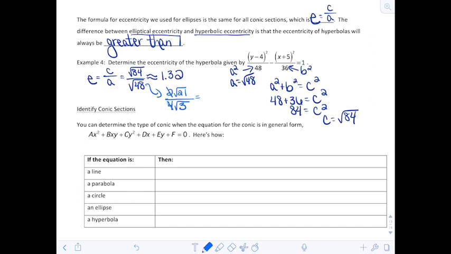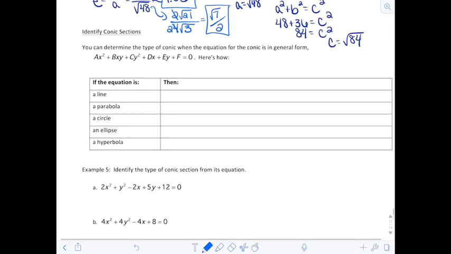So the 2 and the 4 cancel, the 4 becomes a 2, and 21 over 3 divides to be root 7. So for the exact eccentricity answer, it is root 7 over 2. But typically we do these with decimals, so approximately 1.32.